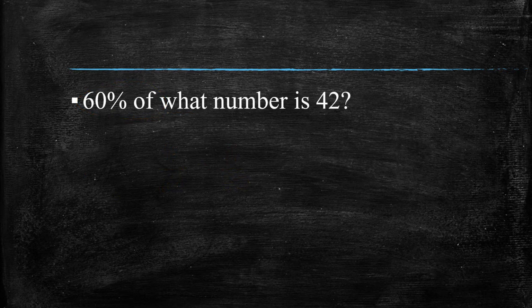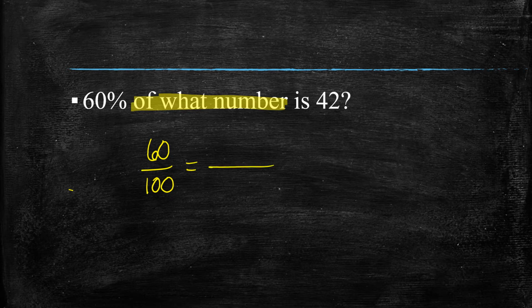60% of what number? Okay, so you're looking for the of, what number? That's going to be our x. So 60%, that's going to be 60 over 100. And then our is, which is 42. And we're solving for the of, so the x is on the bottom.